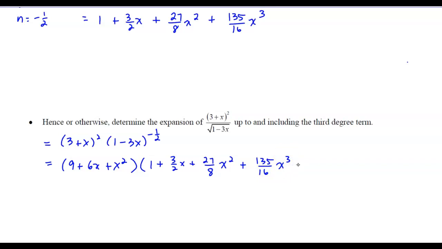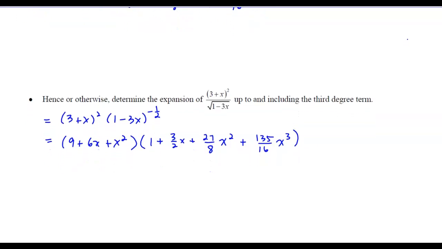You would check, like if it wanted at least, or you want to just check and make sure you've gone high enough for the degree terms. For example, if these both had x's in it to start, then we really wouldn't need the x cubed term in the expansion, because these, when we expand out, would be all higher than degree 3. But we do need up to at least degree 3 for each part in this case.